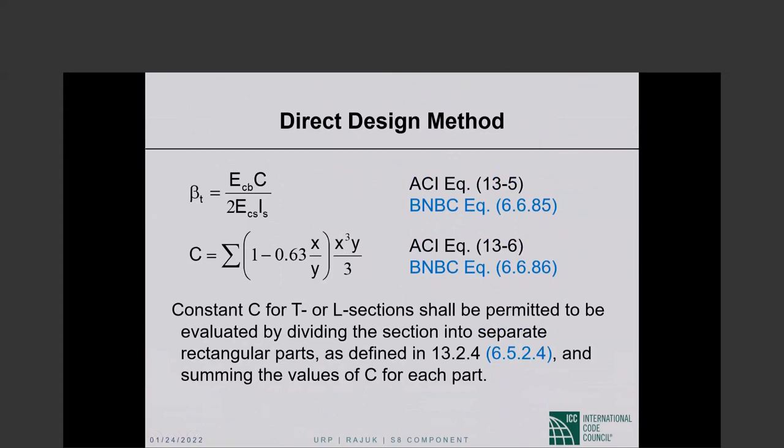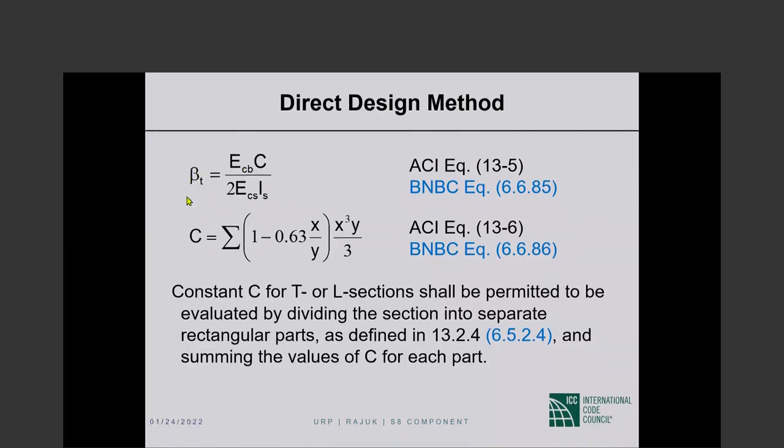So constant C for T or L sections shall be permitted to be evaluated by dividing the section into separate rectangular parts and summing the values of C for each part. And you are allowed to take the largest of the values that you get by dividing the section differently. So C is the torsional constant. This is I slab. Anyway, this is the beta sub t that we are talking about in the previous picture.